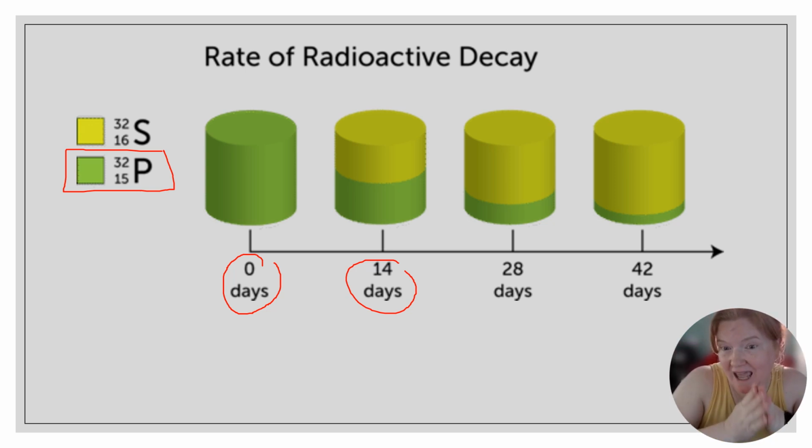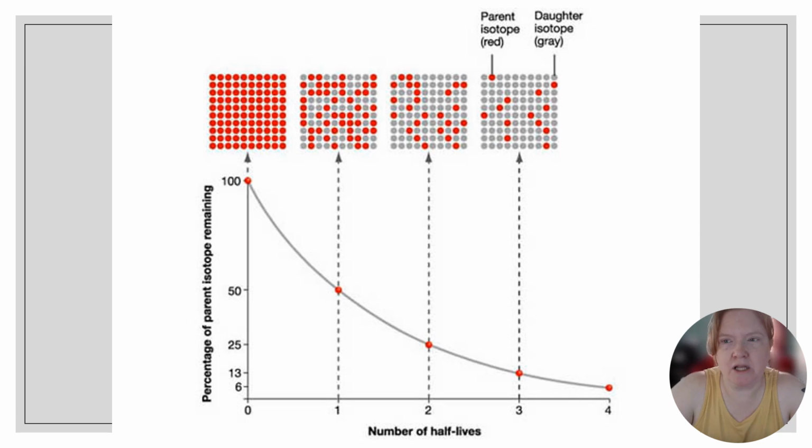But by the time we get to the half-life, half is left. And after another half-life, half of that half. And after another half-life, half of that half of that half. Okay. So again, here is another visual just to show you that over time we get more and more of the daughter isotope and less of the parent isotope.